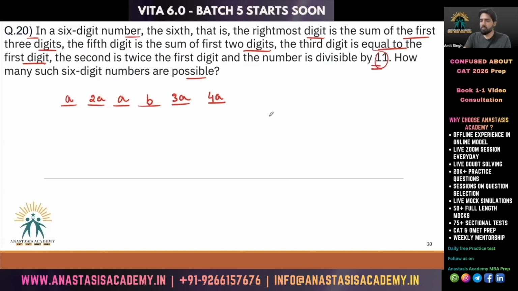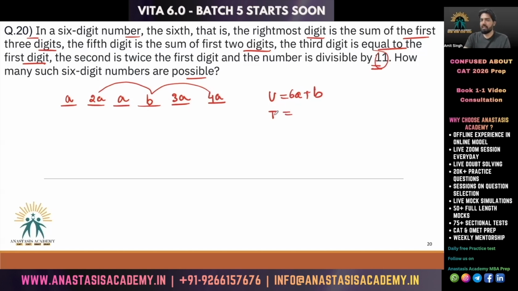What does the divisibility rule for 11 say? That if you take the sum of alternating digits starting from the units digit, that is 4a plus b plus 2a, this is represented by u, that would be 6a plus b. This is the alternating sum of digits starting from the units digit.